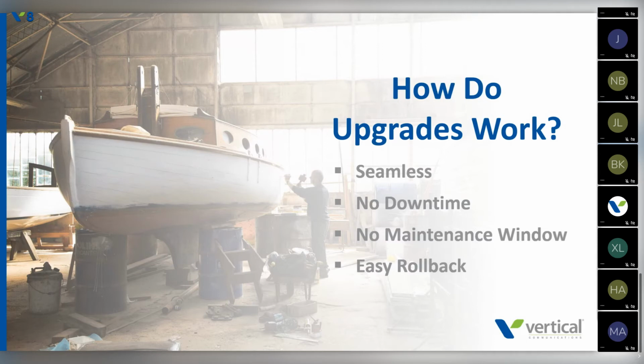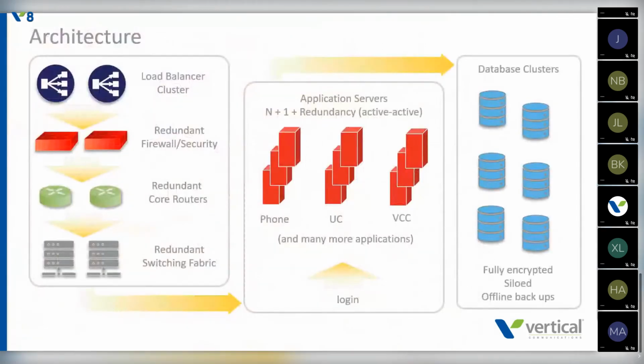The reason it shouldn't do that is because its architecture should look something like this. This is sort of the ideal architecture with redundant elements for every single part of the network and every single part of the application and all the data. And all of it should fail over seamlessly. You should never have to know any of this is going on. If one of these servers goes down, it should just continue to work in the background. That's, once again, not only seamless upgrades, but seamless operation.